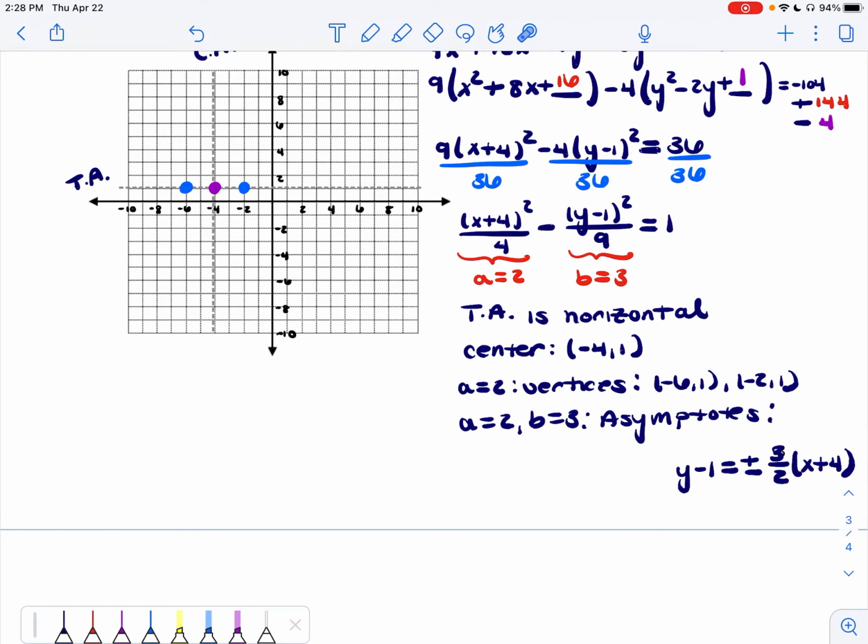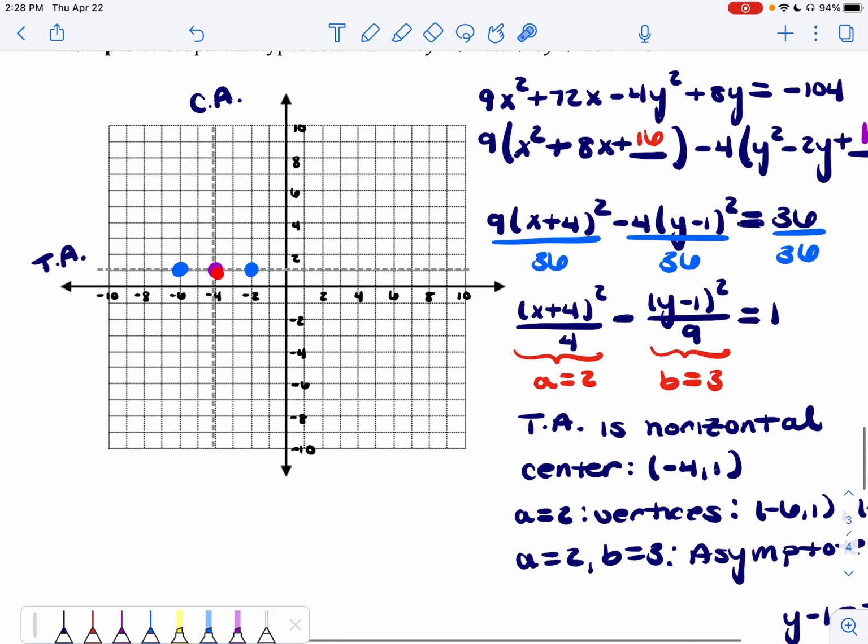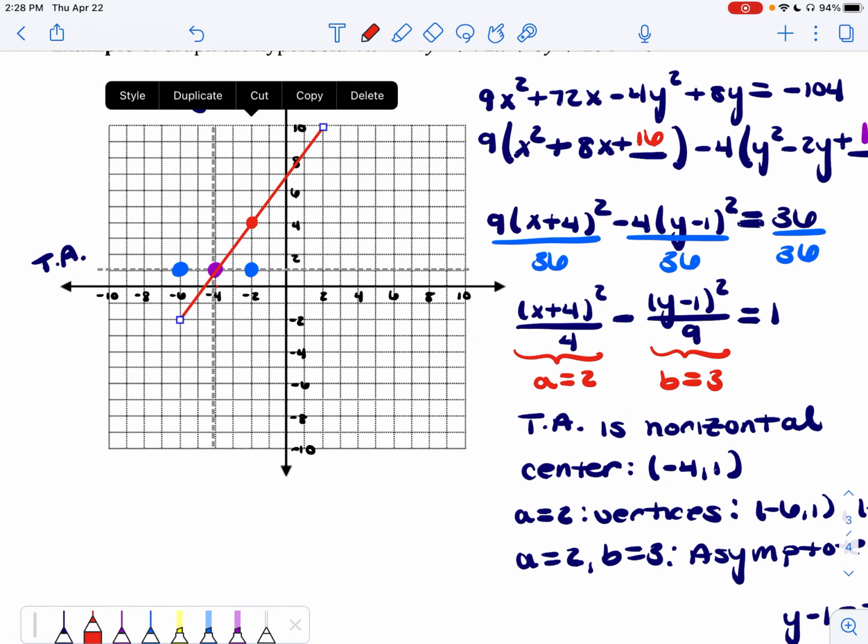So basically, this is saying that if we go from the center, we just have a slope of 3 over 2. So we're just going to go up 3 over 2. So from our center right here, just going to go up 3 over 2, plot a point, and then we can just connect this as a straight line. Draw on your line there.